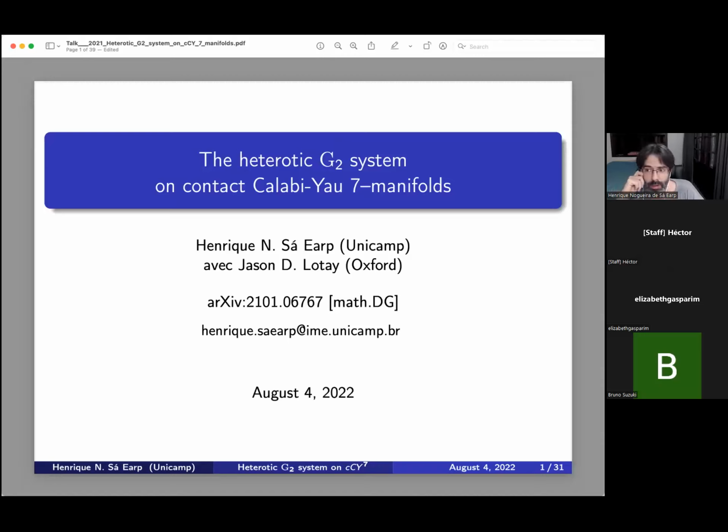This talk is from a mathematical perspective, so I'll try to convey an idea of what the heterotic G2 system is in this framework, but I will not explain the physics behind it. I'll just explain the clear mathematical problem that underlies this topic. This is joint work with Jason Lotte.